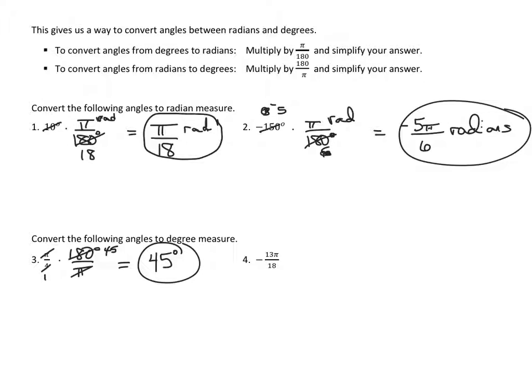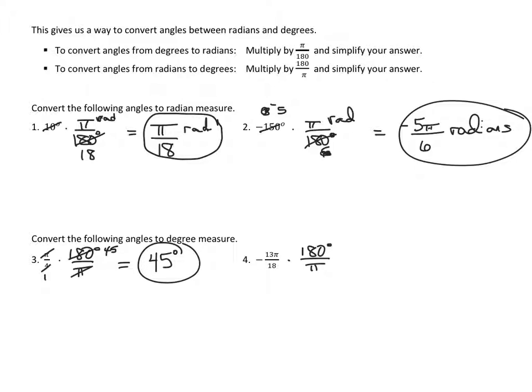And let's look at number 4. Negative 13 pi over 18. Once again, we're converting to degrees. Another way to remember which way to multiply: is it 180 over pi or pi over 180? The one that's on the top, which in this case is my 180, it's degrees. That's what I'm converting to.